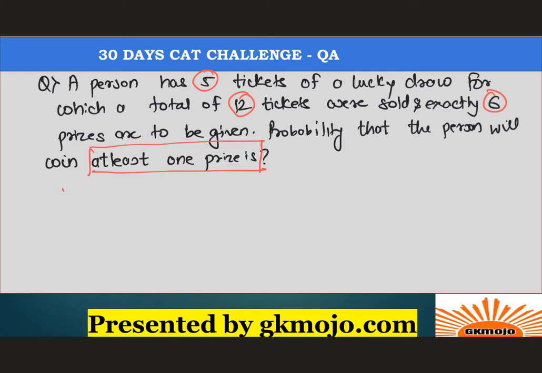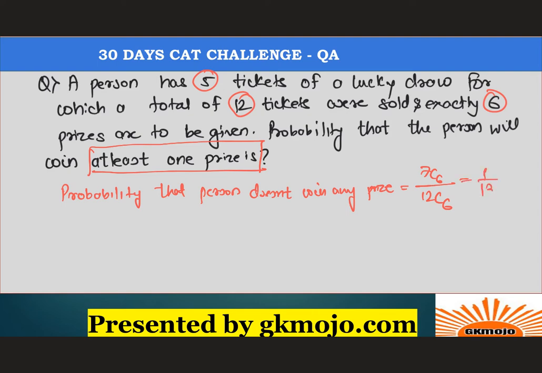So first of all, what is the probability that this person doesn't win any prize? It will be 7c6 upon total 12c6. So this is 1 by 132.